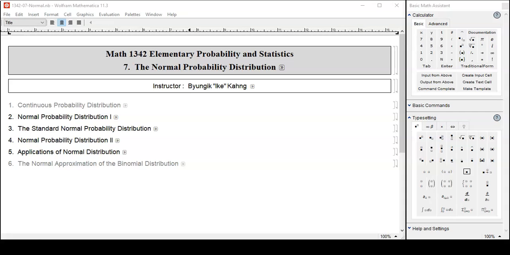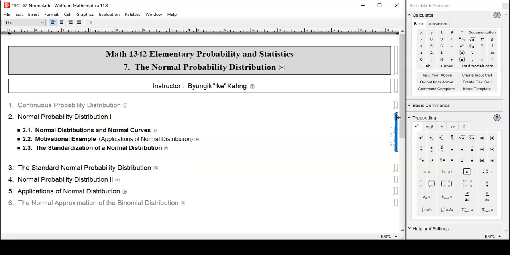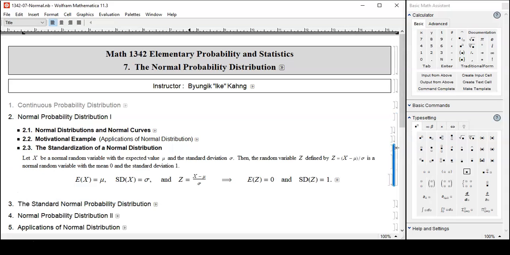Now in this notebook, I have two sections with very similar names, sections 2 and 4. How do they differ? In section 2, we introduced the basic ideas of normal random variables and saw some properties of the normal density function, went through a motivating example, and finally, we discussed a transition toward the standard normal.